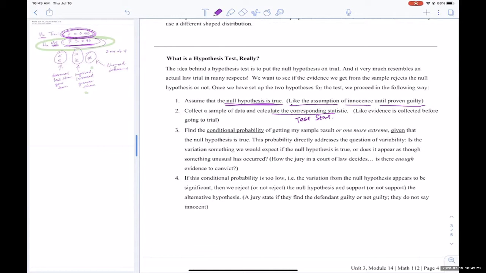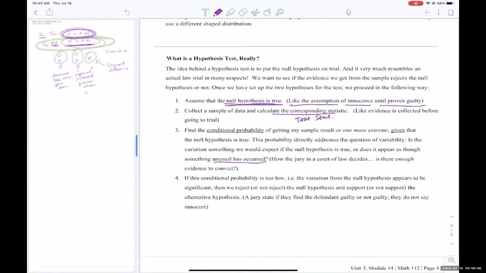The probability directly addresses the question of variability. Is the variation something we could expect if the null hypothesis is true, or does it appear as though something unusual has occurred? We'll talk about this.